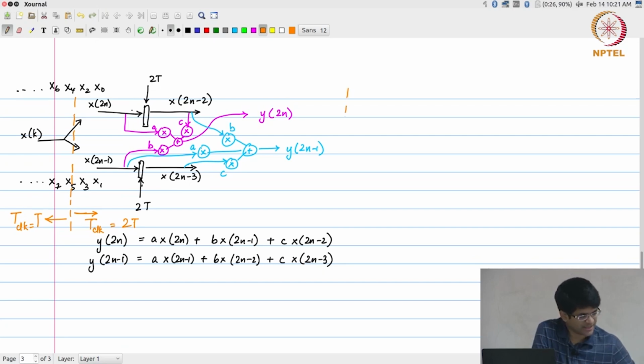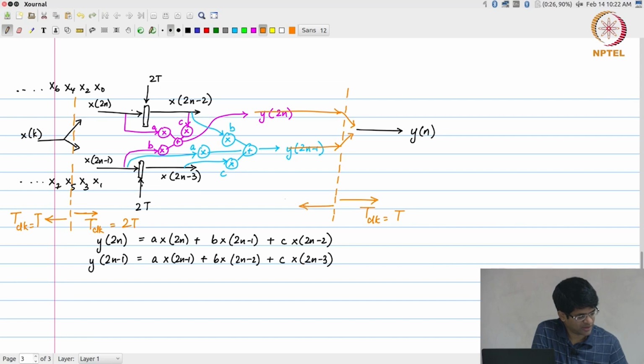What I need is at the opposite end, once I have done all of this computation, I need to take these two streams and combine them back into a single output, right, which will basically give me y of n. And what that means is that over here, once again the clock period is equal to t.